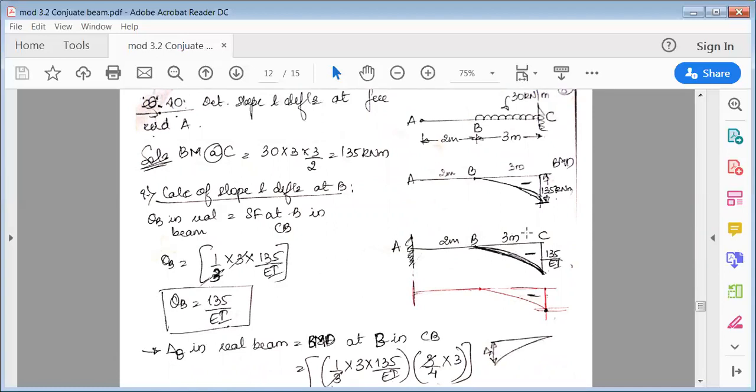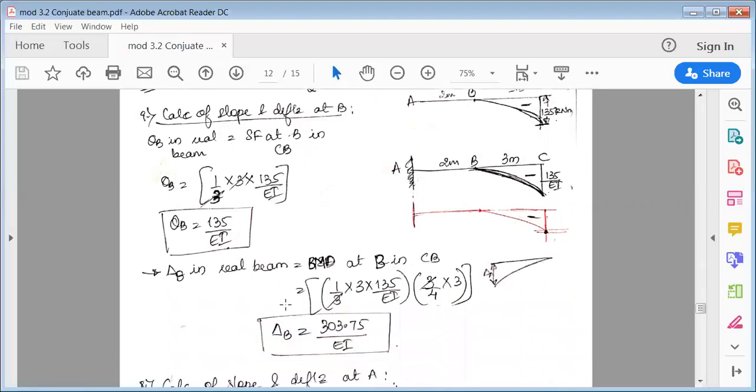The area of this, again a parabolic curve, is 1/3 of base into height. So 1/3 of 3 into 135, so theta B is 135 over EI.